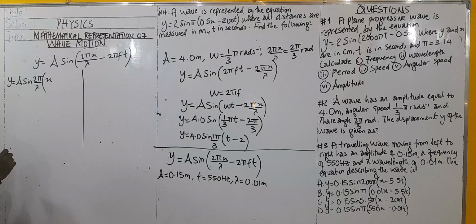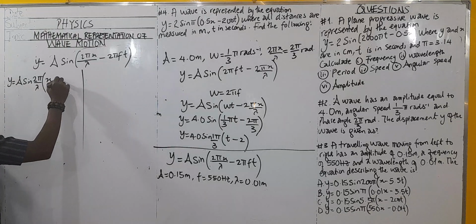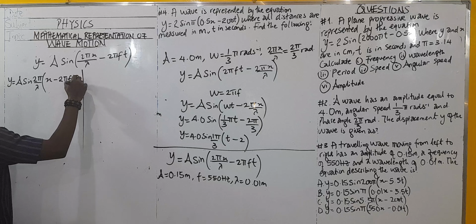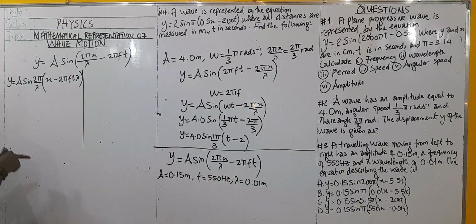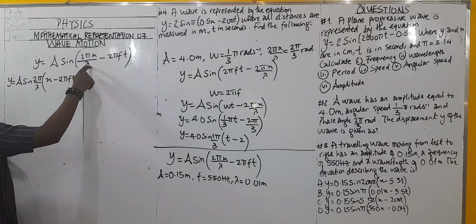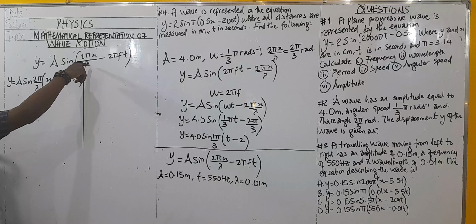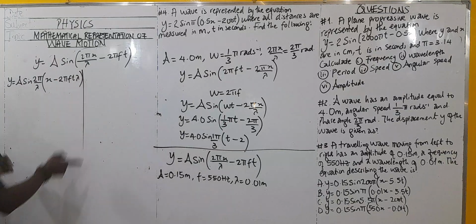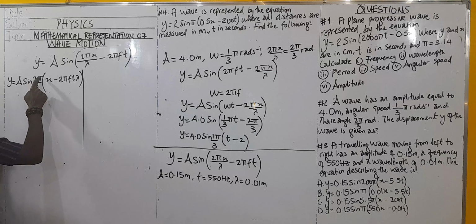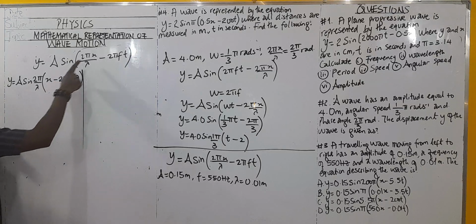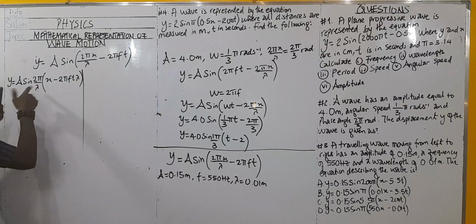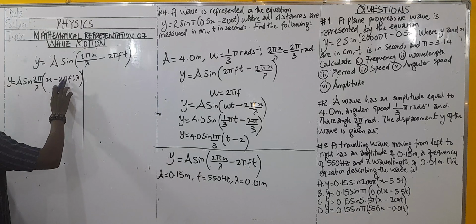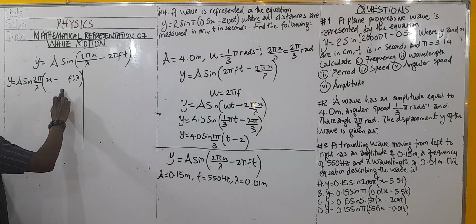Can you see that x is standing in the bracket? Minus 2 pi f t lambda. Because if you are taking out a denominator that is not included in this variable, all you need to do is multiply by lambda. Why? 2 pi over lambda times x will give us this, right? Let us try this. What am I doing? I'm taking out 2 pi.